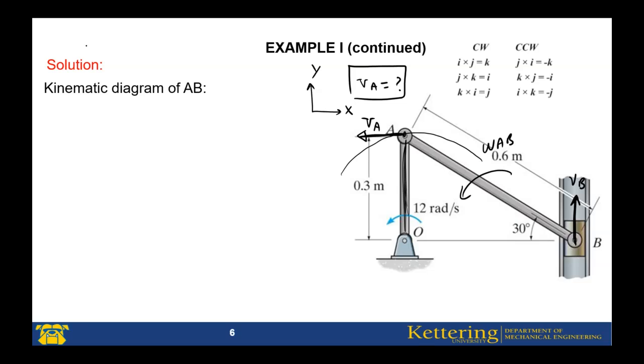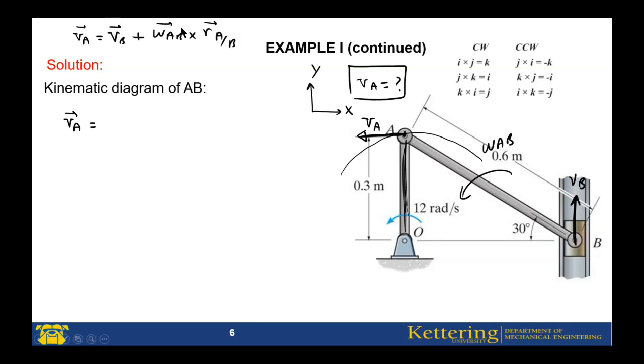Now, using that equation that I showed to you, velocity of A equals velocity of B plus omega AB cross product of r A with respect to B, I want to find 3 velocity vectors and 1 distance or direction.